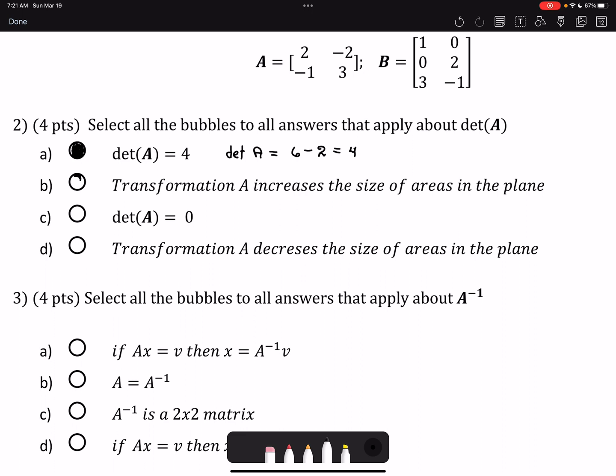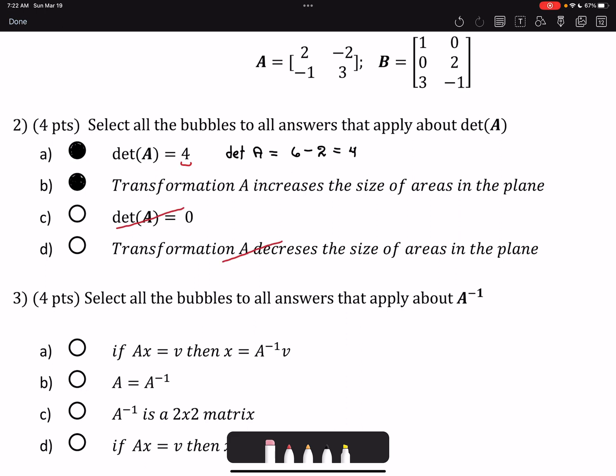If the transformation matrix has a determinant between 0 and 1, then it decreases the size of each shape and the area contained in the grid that it's transforming. Now, the determinant of A cannot be 0 because we already established that it is 4. And it cannot decrease because we already said that it increases by a factor of 4.